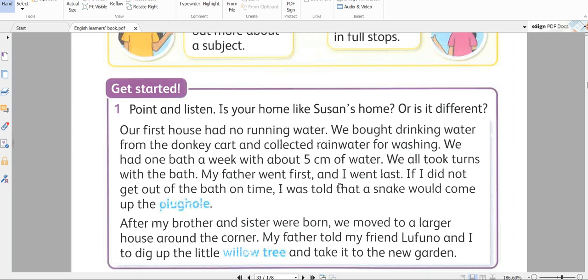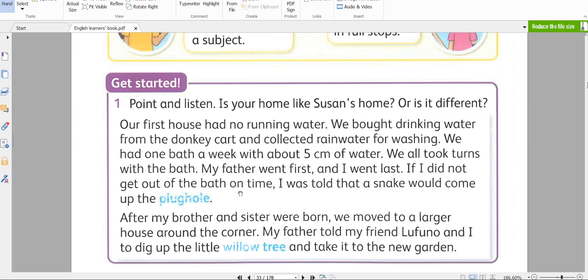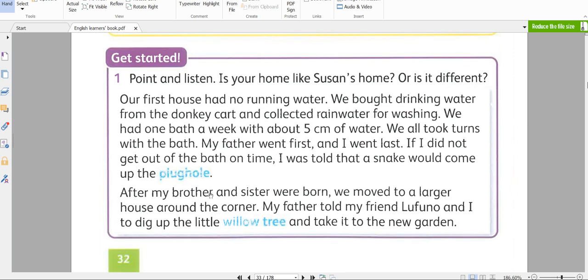If I didn't get out of the bath on time, I was told that a snake would come up the plug hole.